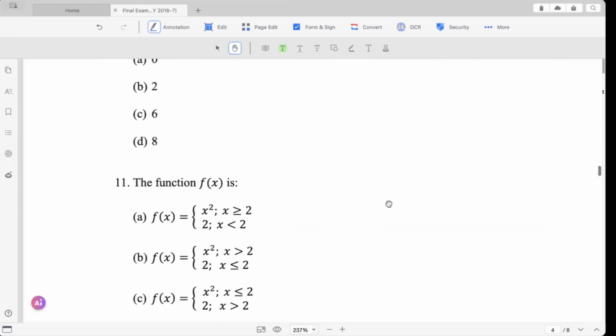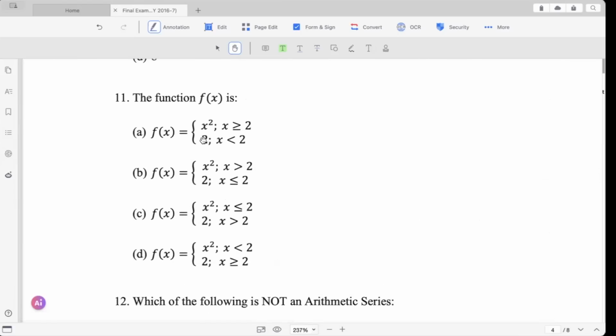So if you look here, which one of them is it? Remember I said for y equal 2, it has to be greater than 2. And for x squared, which is a curve, it is equal to 2 and using the numbers less than 2. So my answer will be C.